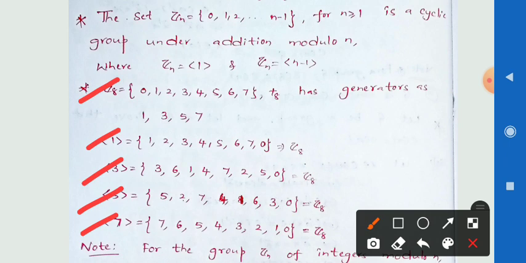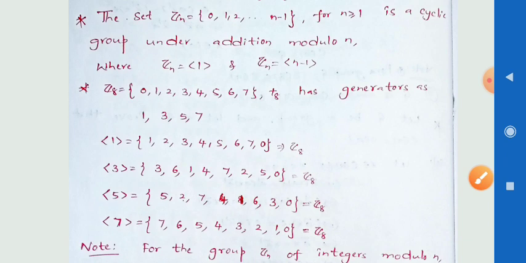By the Euler function we can say that the number of generators of the given group is 4. Once again, if the given group is Z8, how many generators are there? By the Euler function, the number of generators is 4.